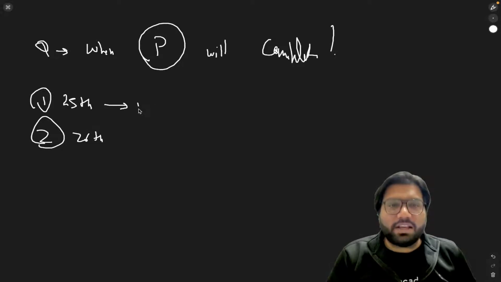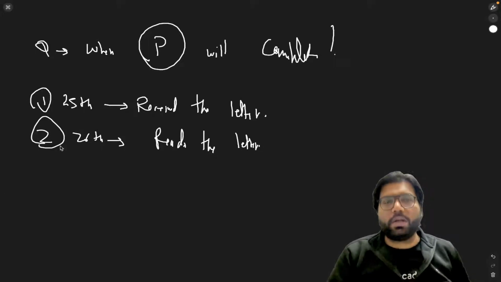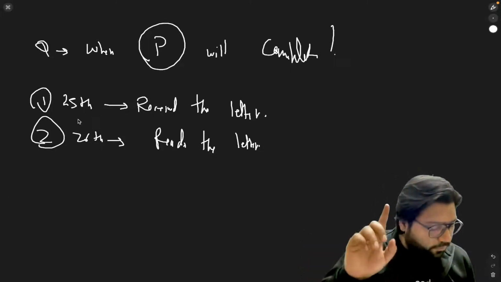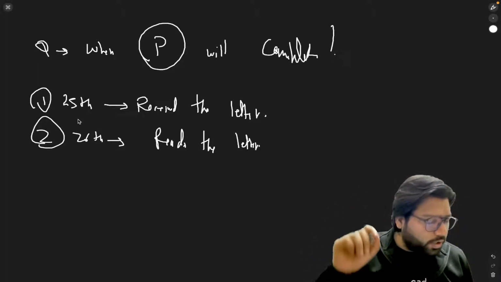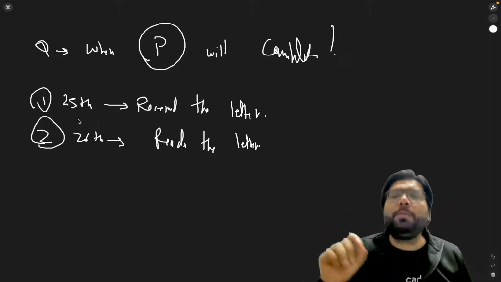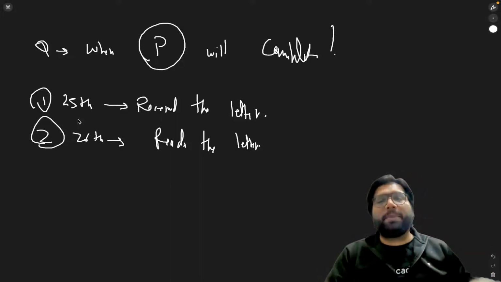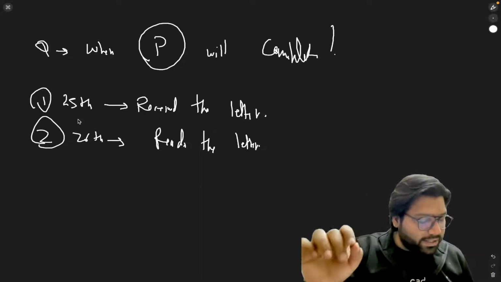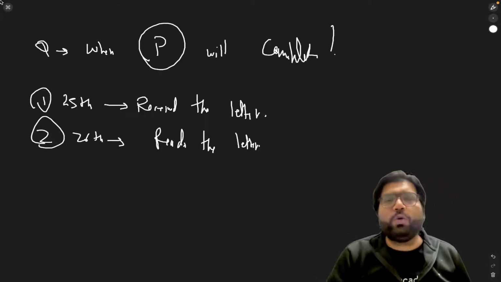On 25th, he received the letter, and on 26th, he reads the letter. Okay. Now, if we go back to section number 4, it says proposal is complete when it comes to the knowledge of the person to whom it is made. I'm repeating myself. The answer lies in the para 1 of section number 4, which says the communication of proposal is complete when it comes to the knowledge of the person to whom it is made.